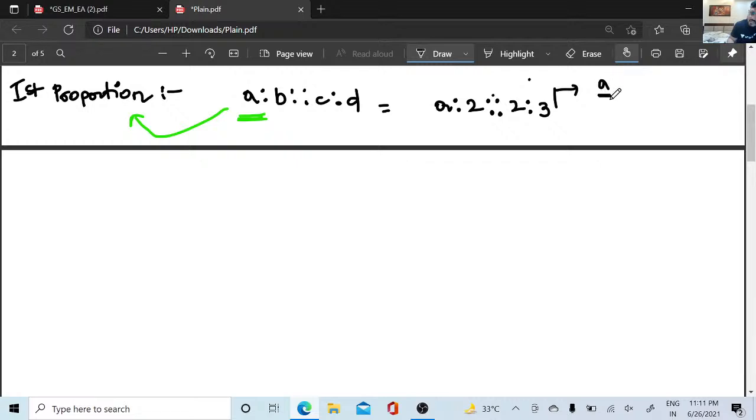A bar 2 is equal to 2 bar 3. What will be the value of A here? 2 square, so this is going to be 4 bar 3. So this A is your first proportion. I won't spend much time on this because you know the answer.